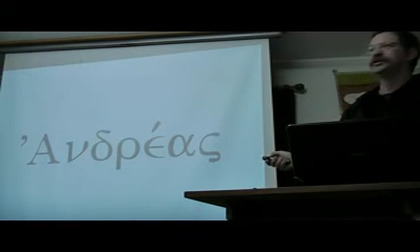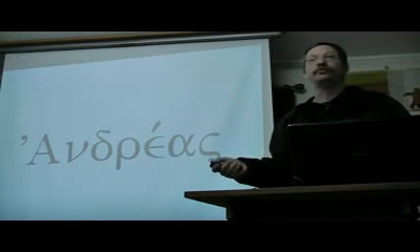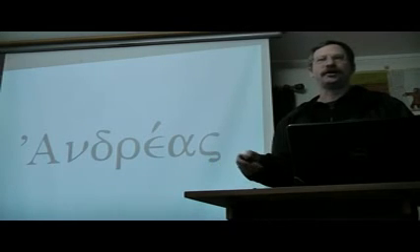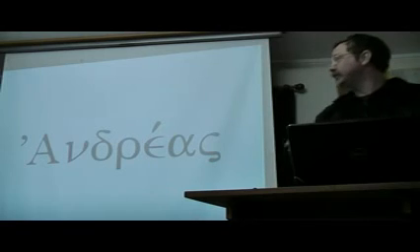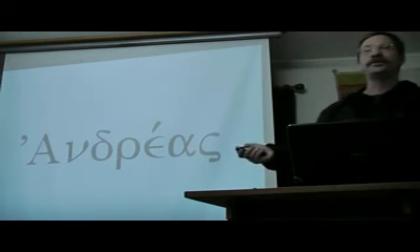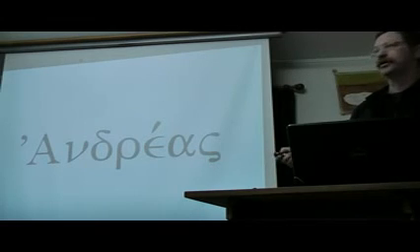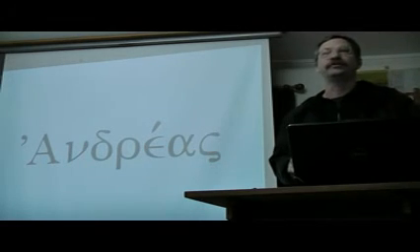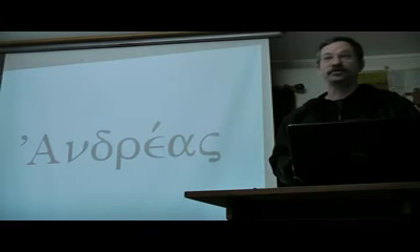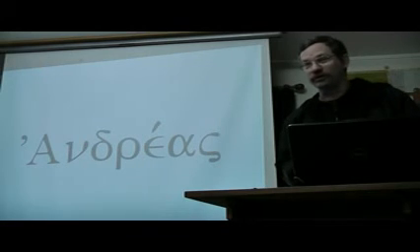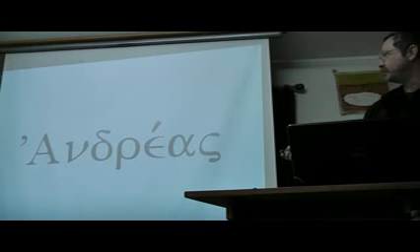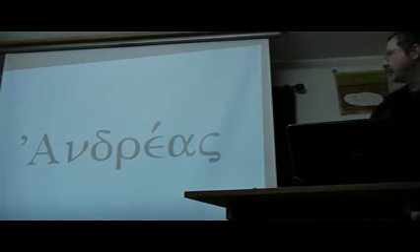This little comma-looking thing is what you call a breathing mark, and I'll explain it more next week. But it will always appear only at the beginning of the word, and it does not affect the pronunciation of the syllables. It does affect pronunciation of the word, but it doesn't show which syllable has the stress. This is the accent. Andreas.